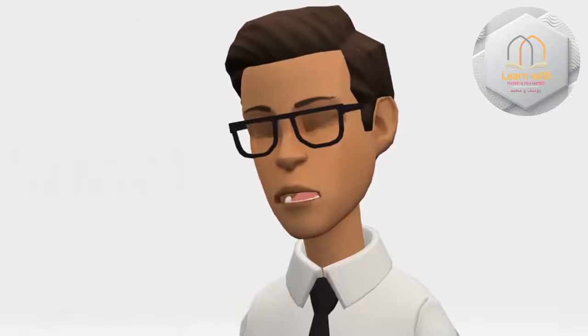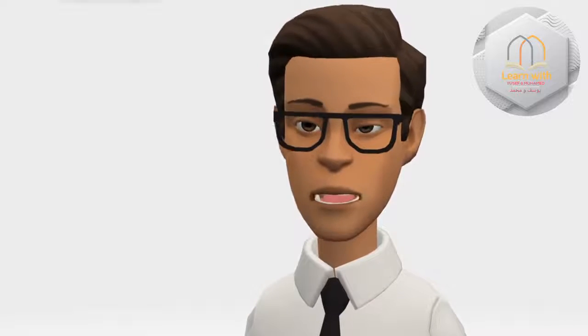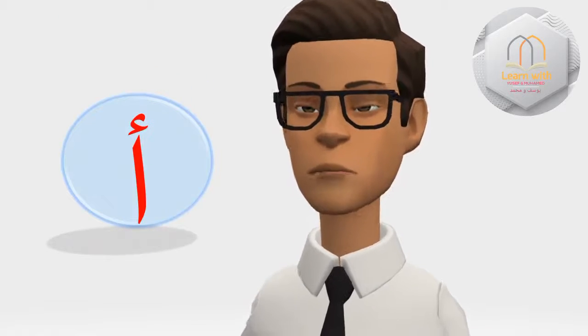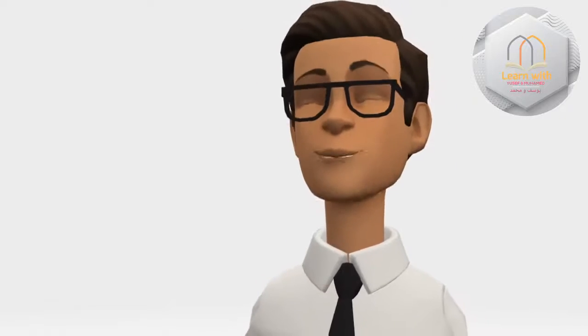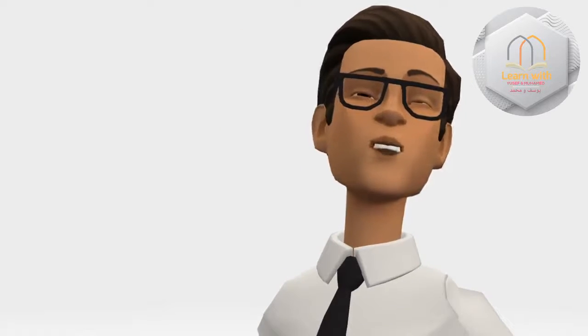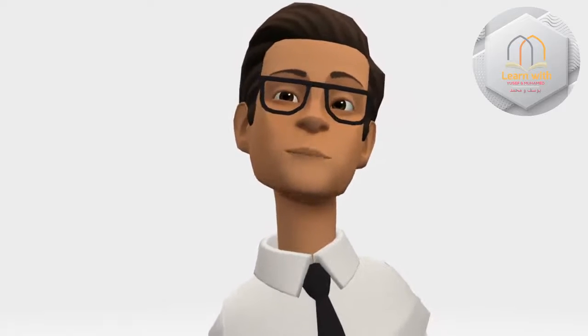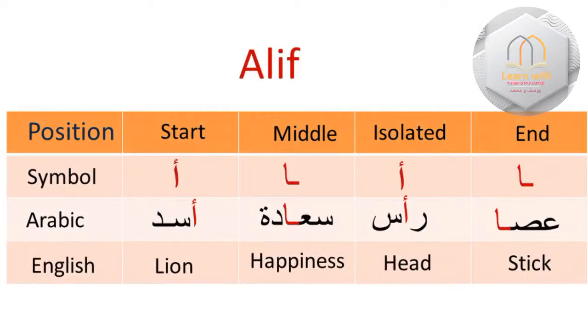This is why Alif in the initial position carries a Hamza. In the following examples, we will learn about the form of Alif in different positions in the word. As we can see, the form of Alif differs according to its position in the word.